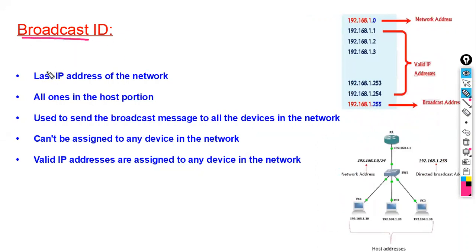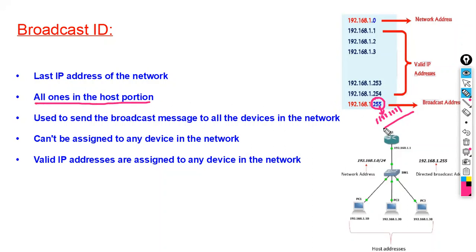Okay, so this broadcast address is the last IP address of the network. Okay, this is the broadcast, and all ones in the host portion. So guys, it is having 255. If you convert this 255 into binary numbers, you will get 8 ones. So 8 ones means all ones in the host portion.